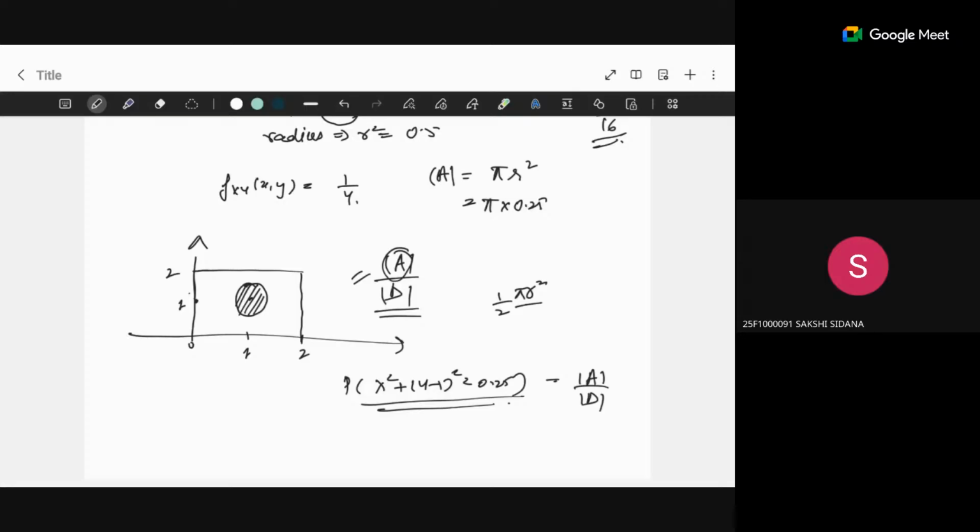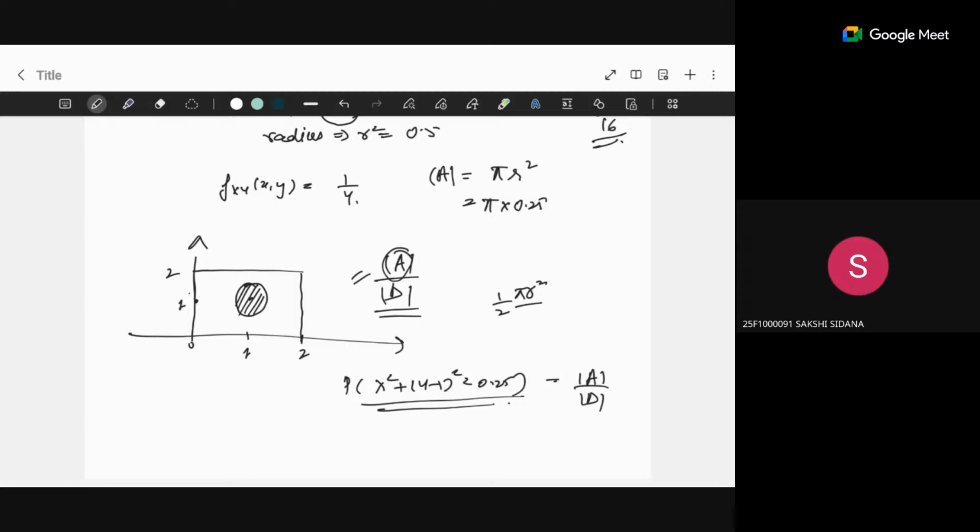In question number 7 of tutorial 2, the random variables x and y are uniformly distributed in a region bounded by the given lines.